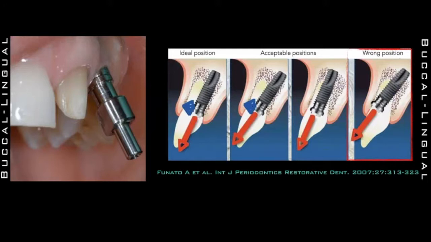Acceptable positions will be slightly off buccally from the incisal edge, but in a way that you would still be able to correct with a maximum of about 20-degree angulation to a cement retained restoration. And another acceptable position is going to be if the implant is placed directly under the incisal edge.